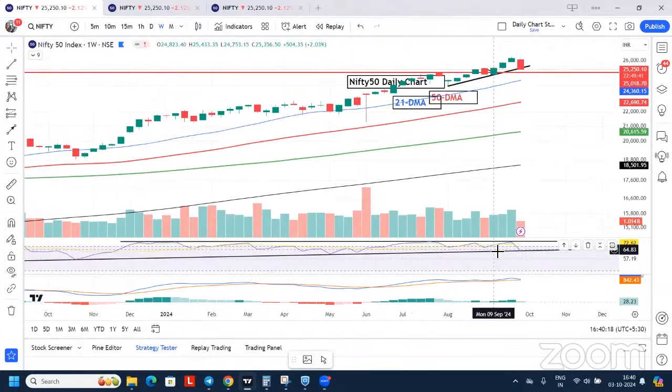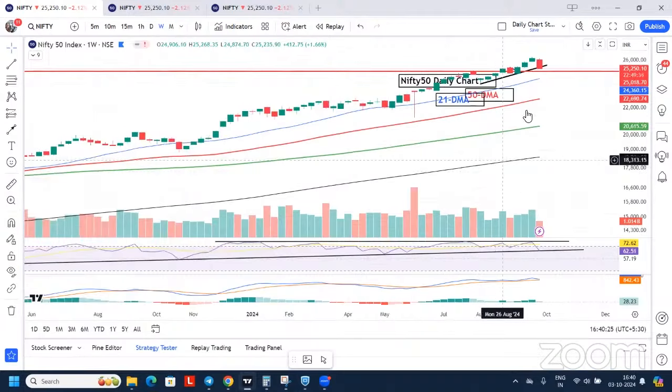So let us see in the coming days, if it bounces back from here, then well and good, or else the index might be on the verge of a downside reversal. Next we may move to the downside towards 24,350 on the longer time frame chart. Also on the RSI, on the higher side, it has faced resistance near the overbought level, around 77, 78.